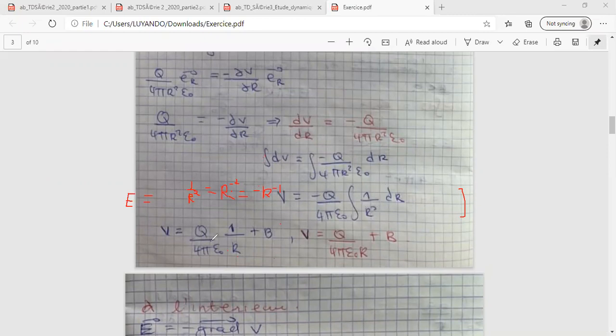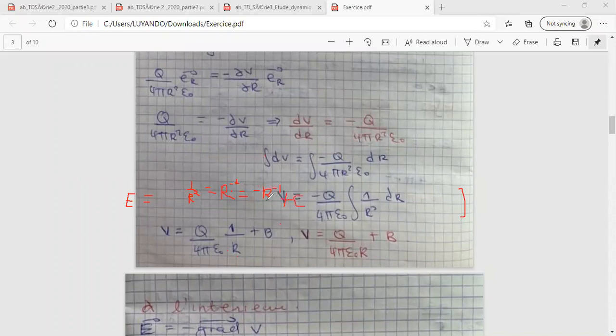And then when you integrate, it's your integration plus a constant. Those are the rules of integration. So plus a constant, any constant.